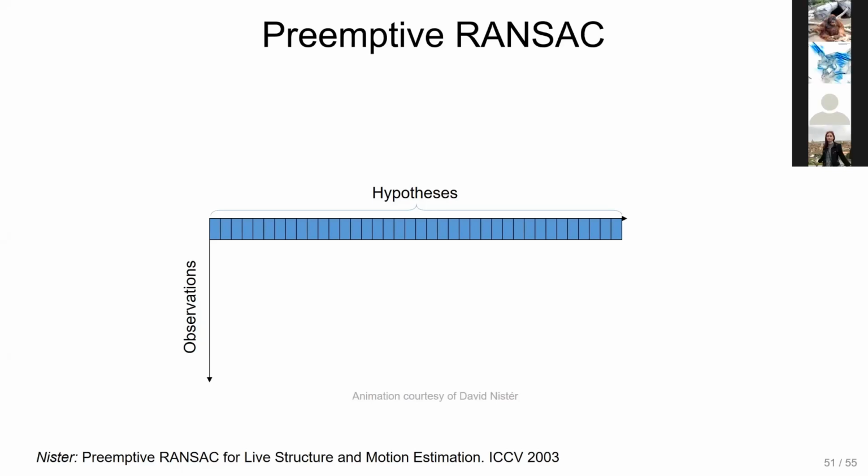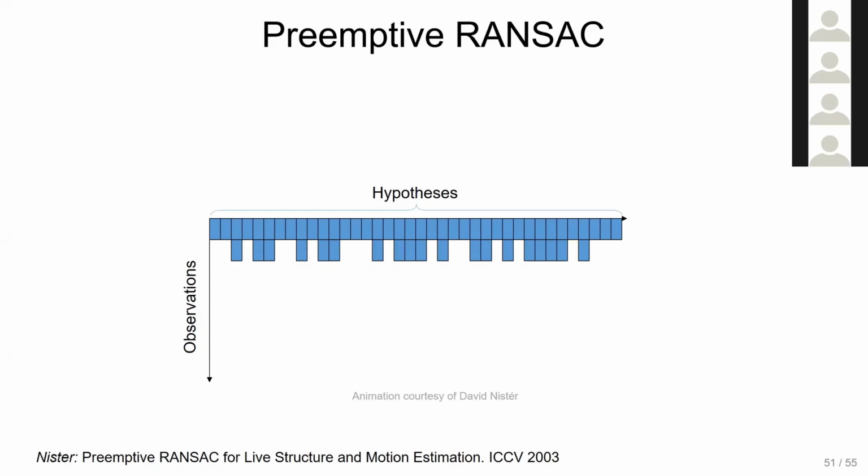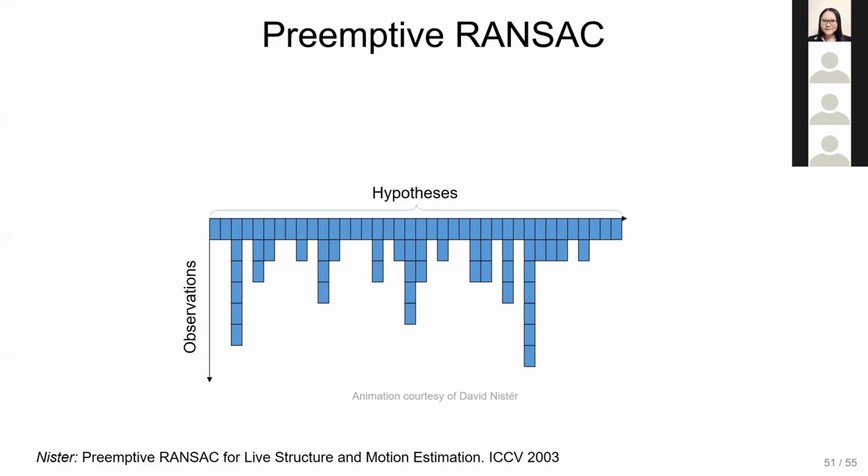So you drop all those that have a small number of inliers, and you keep only those that have a higher number of inliers, say half, and you continue verifying only those more promising hypotheses. You have more verifications, you have a better estimate of which hypotheses are good, so you can again keep only the best ones, and this way you continue until you find your winner, which is the best hypothesis out of those generated.